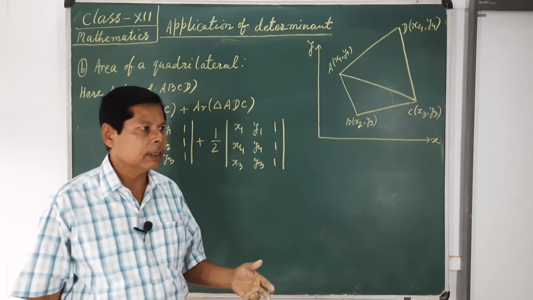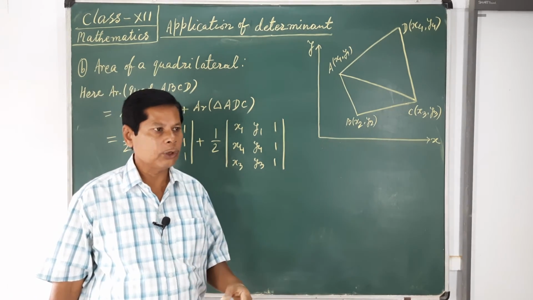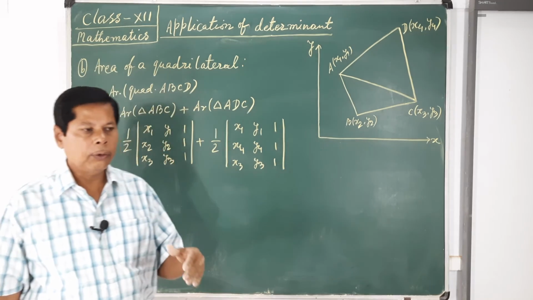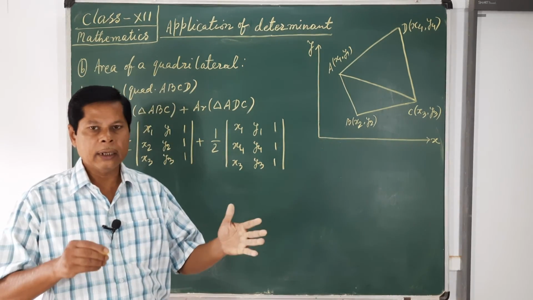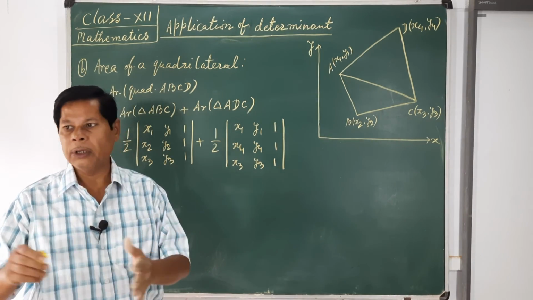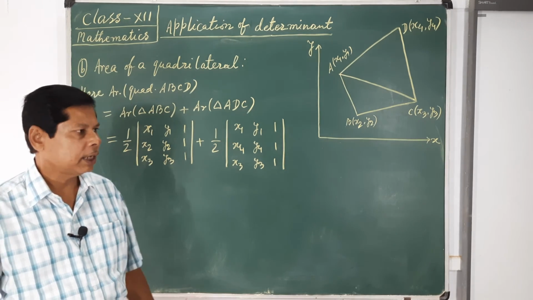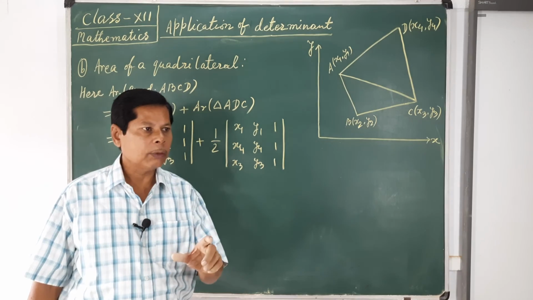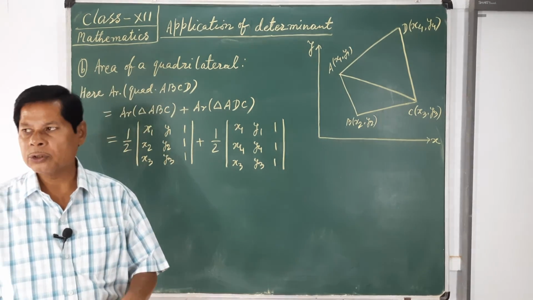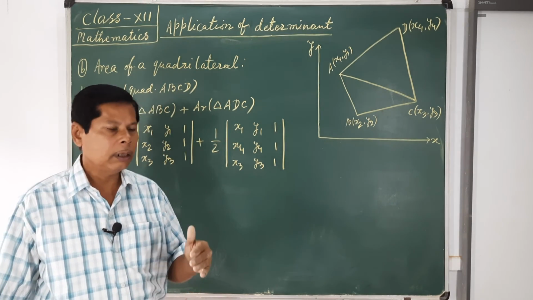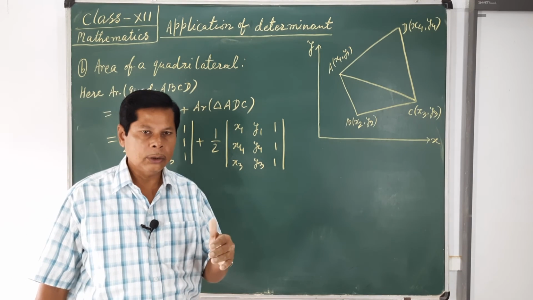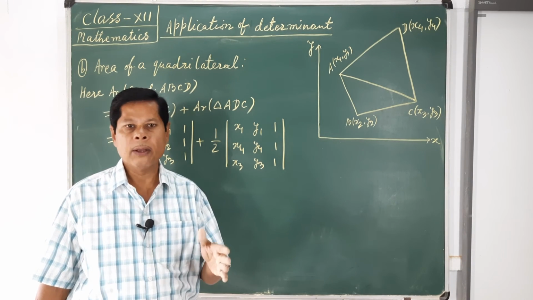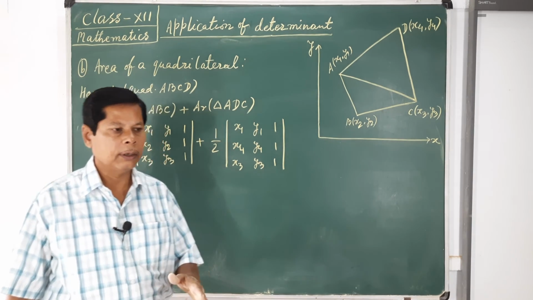The second application is using the properties of determinants to show that a determinant is equal to an expression on the right-hand side, generally in terms of variables, but that portion using the properties of determinants has been deleted for the session 2020-21.